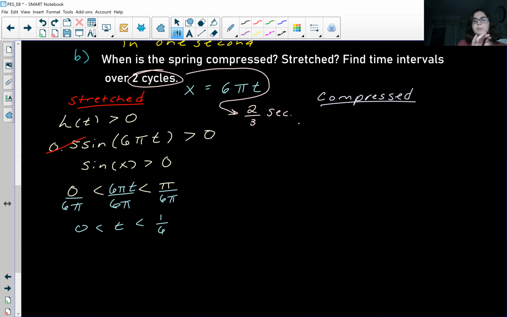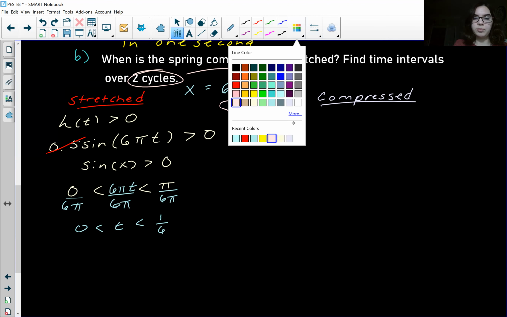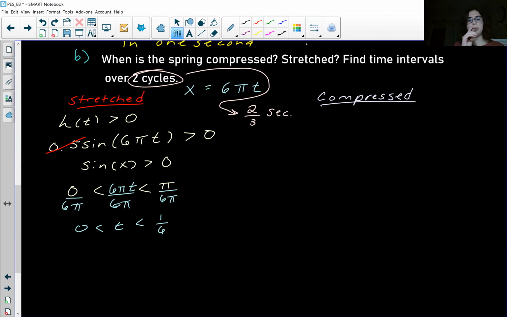So we just have to keep that in mind as we keep working out this problem, and make sure that we have solutions for t in either column that fill up that 2/3 time interval.